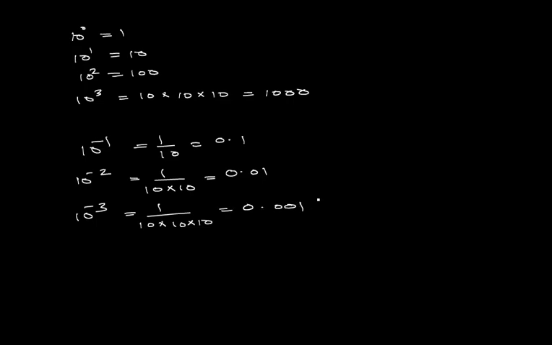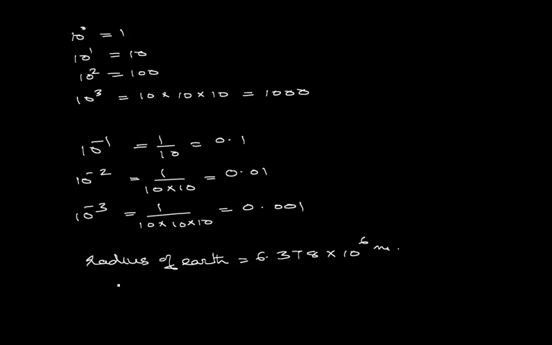0.001, like this. For example, the radius of Earth is equal to 6.378 into 10 raised to 6 meter.